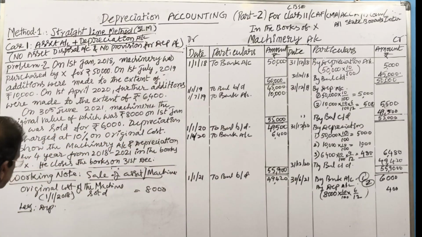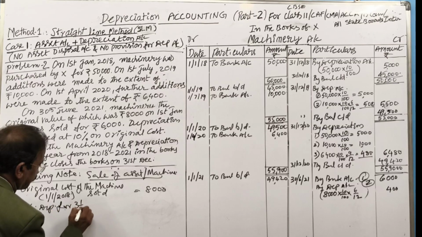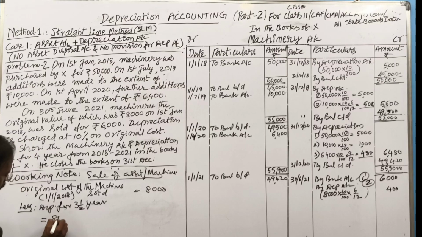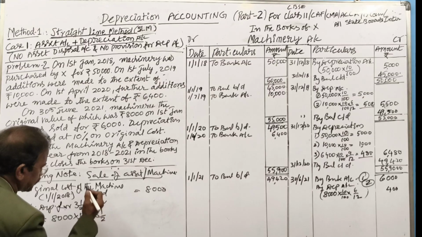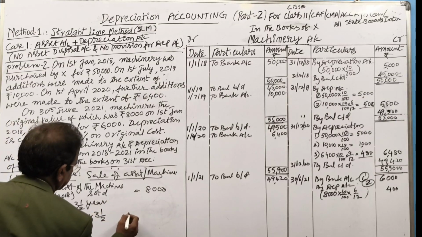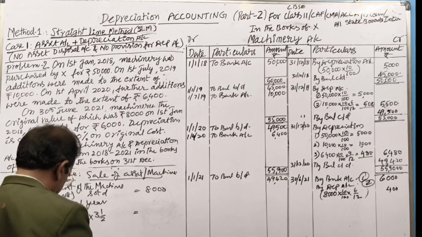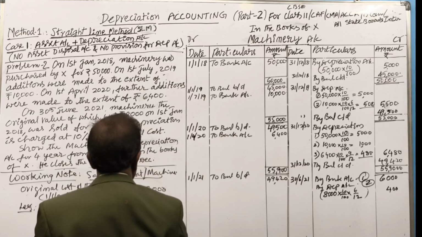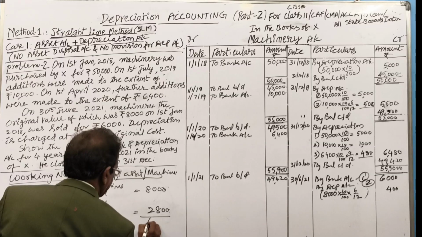So depreciation for 3.5 years is equal to 8,000 into 10% into 3 1/2, 3.5 years. What is the amount? The amount will be 2,800. From this you have to subtract this. Then 5,200 comes.